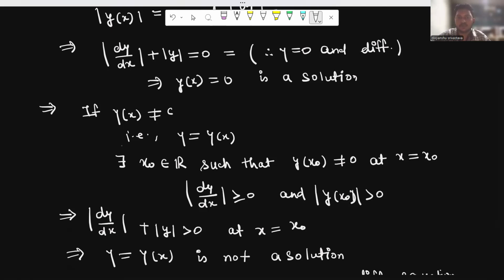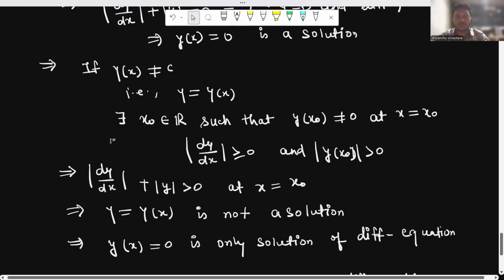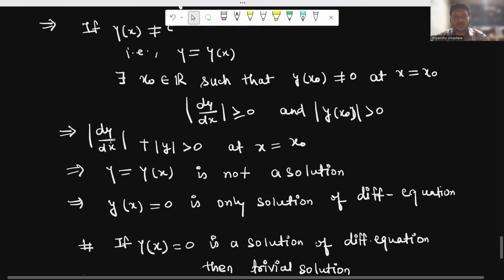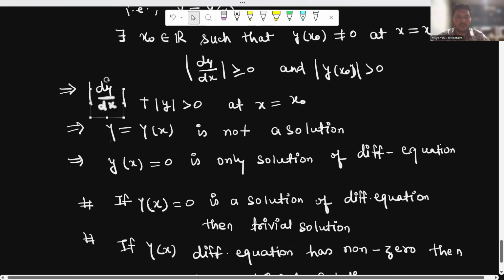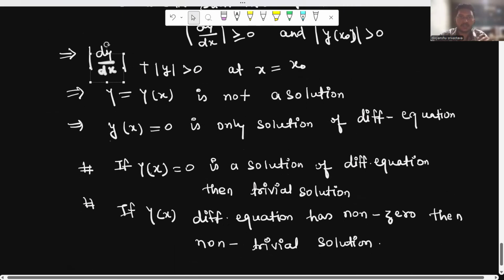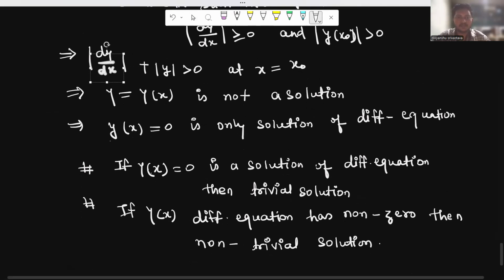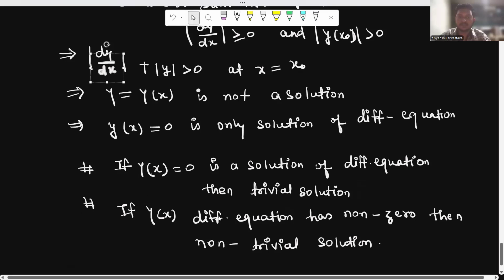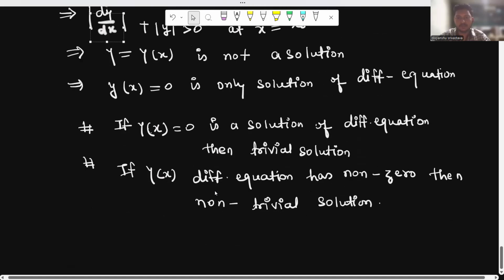Therefore the modulus dy/dx is greater than or equal to 0 and y(x0) is greater than 0. So the whole thing says that y equal to y(x) is not a solution. Now y(x) equal to 0 is the only solution of this kind of differential equation. So lastly, if y(x) equal to 0 is a solution of a differential equation, then it is a trivial solution. And if it has a non-zero value, then it is a non-trivial solution.